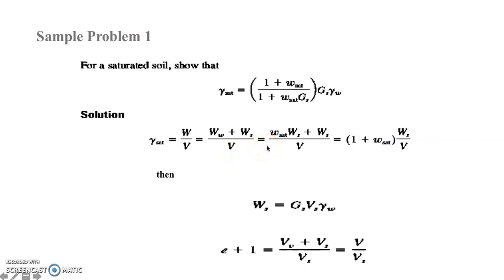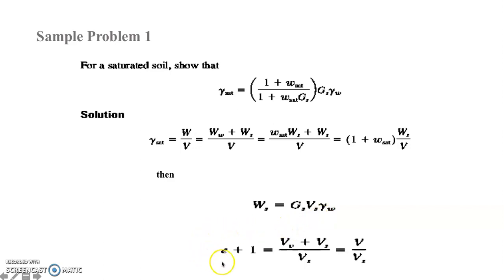And that is equivalent to the weight of the solid multiplied by the moisture content plus the weight of the solid, over volume. So basically, this expression is equivalent to this equation. However, we have learned that the weight of the solid is equal to specific gravity times the volume of the solid multiplied by our unit weight of the water.